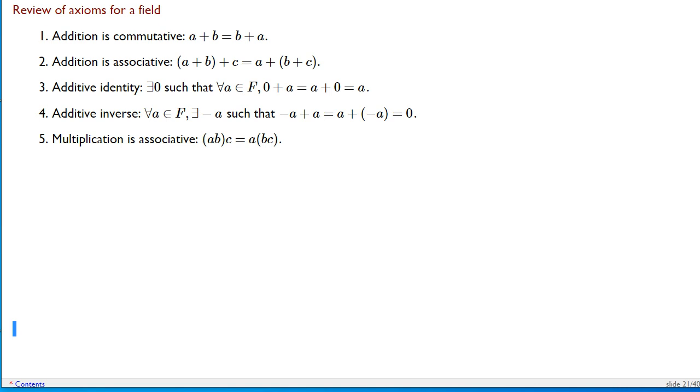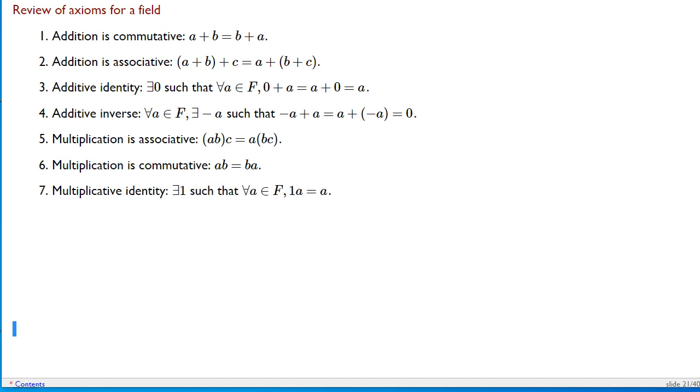Multiplication, like addition, is associative. Multiplication, like addition, is commutative. That's sufficient, you might have noticed, to guarantee that 2 by 2 matrices, where multiplication is not necessarily commutative, do not form a field. There's a multiplicative identity whose usual name is 1.